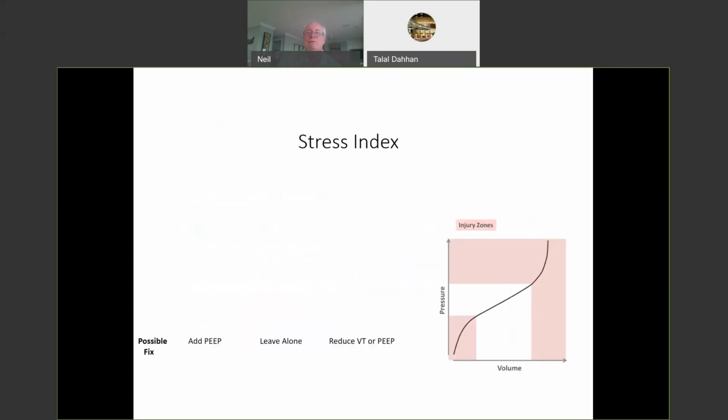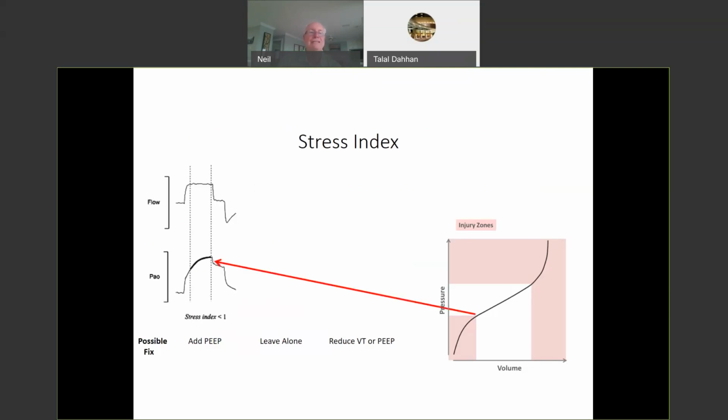So what are we really doing? We're looking again at the pressure volume relationship during the tidal volume at the PEEP you have selected. So, for example, if that curve bends upward, you'll get a curve that looks like this. And this suggests you need more PEEP.